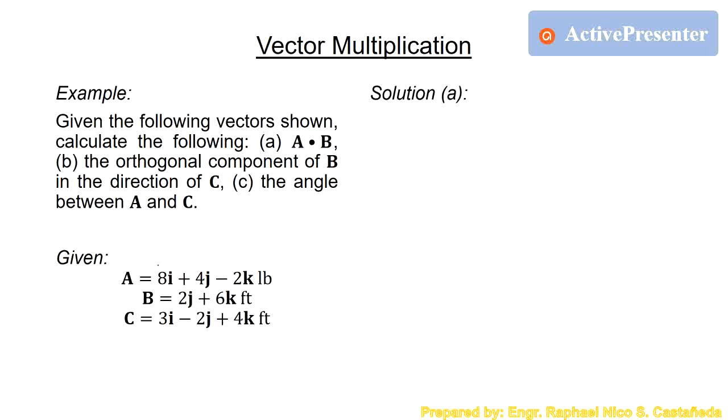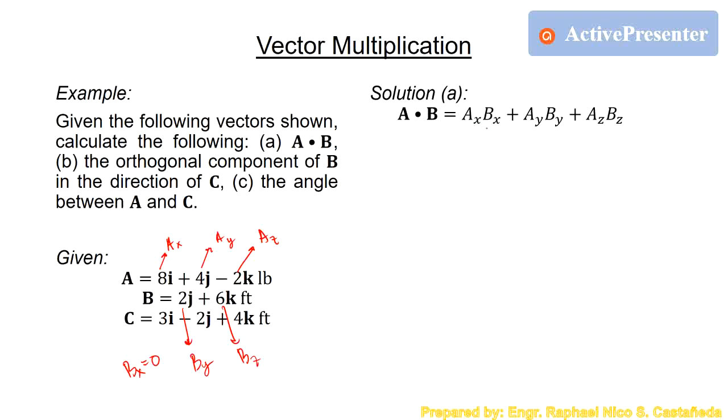So let's try to solve first the dot product of A and B. What we will do is get the rectangular components of the vectors A and B. So this is By and Bz. So obviously Bx is 0. Then you apply the formula, which is this one. Then you substitute it.